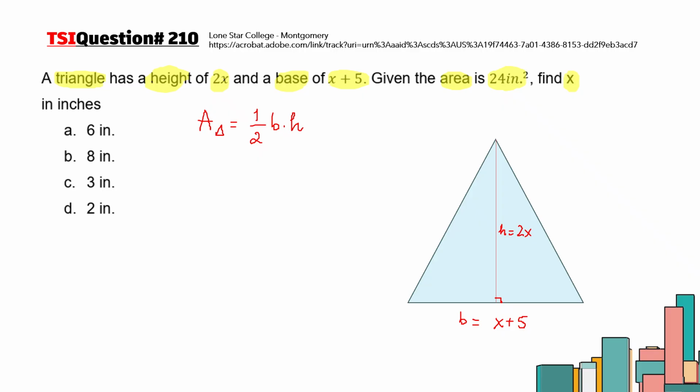So making sure we know our question is what is x. So we have, given the area is 24, equal to 1/2 times the base, x plus 5, times the height, 2x.